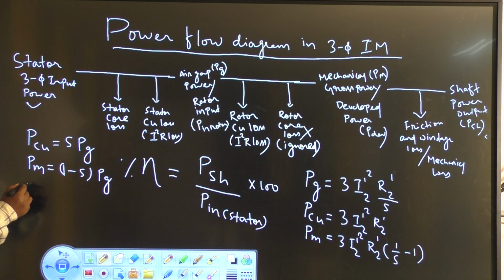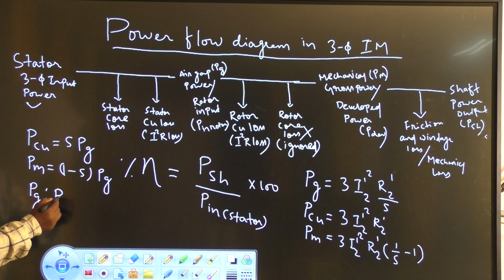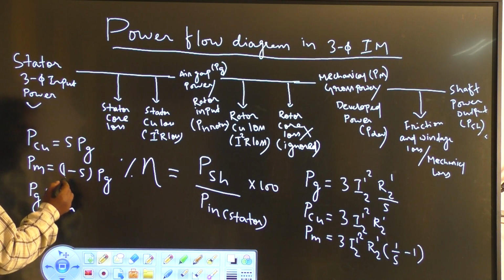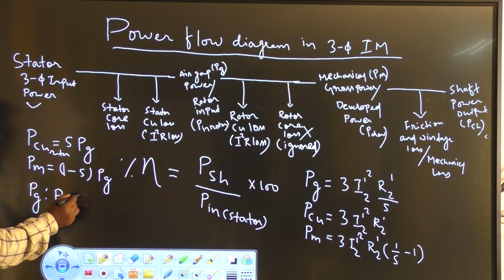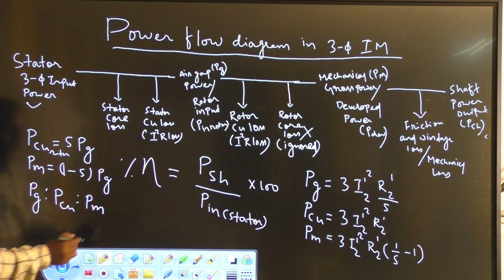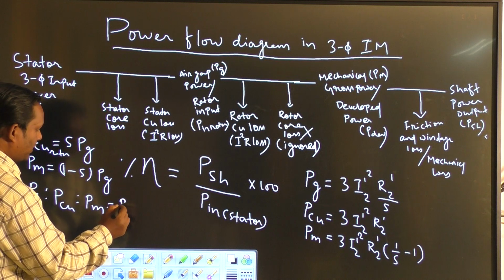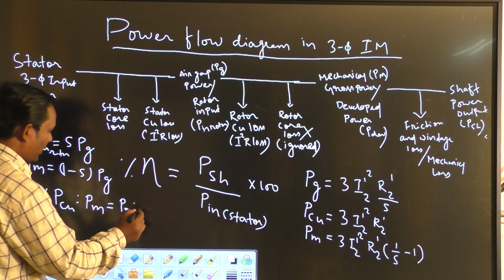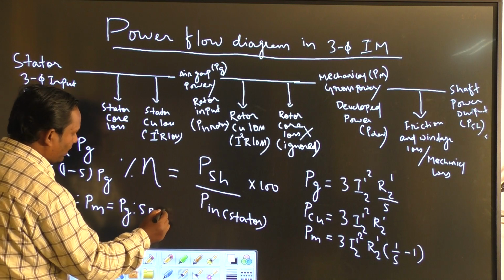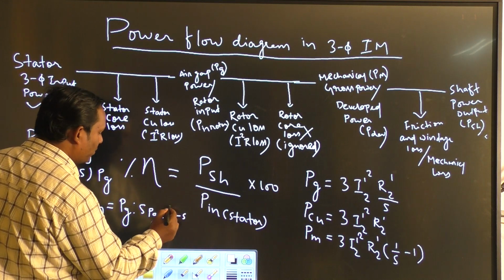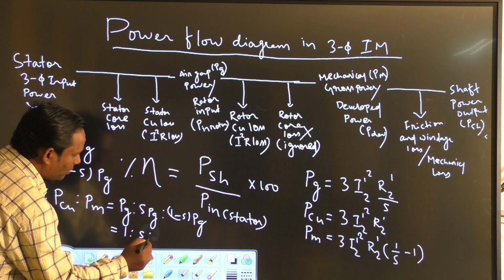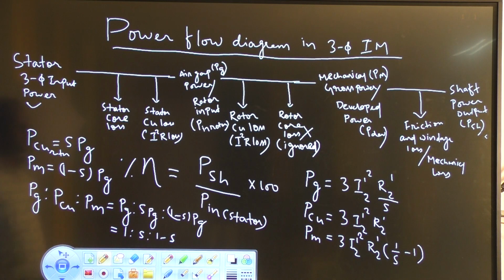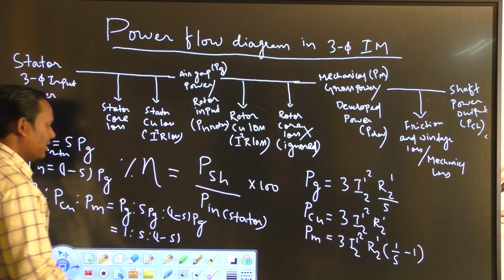So if we take the ratio between air gap power, rotor copper loss, and mechanical power or developed power, the ratio is PG : S PG : 1 minus S into PG. This ratio comes as 1 : S : 1 minus S. This ratio is important, as direct numericals will be framed from this formula.